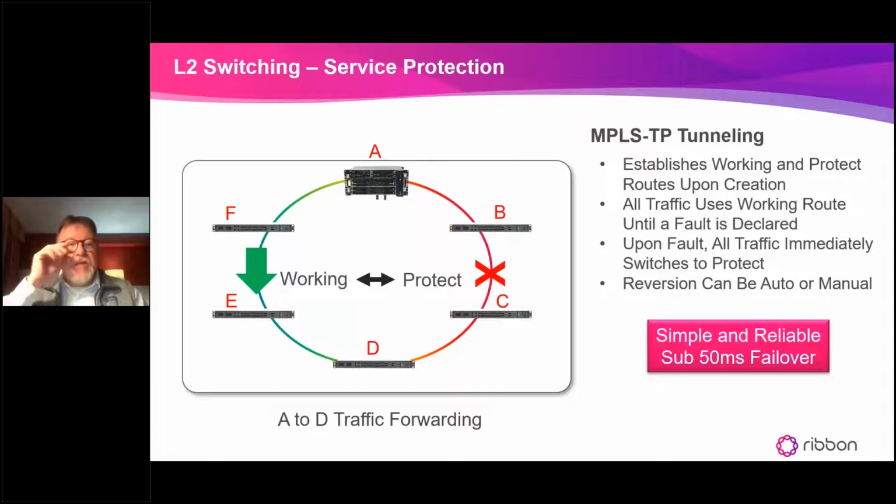It is a tunneling technology, so if I build tunnels from A to D through F and E on one side and B and C on the other, then I can put multiple services in those tunnels. And so when the tunnel fails over, all of those services fail over, right? So very, very useful in terms of protecting traffic on your network. Again, this is a layer 2 switching technology.